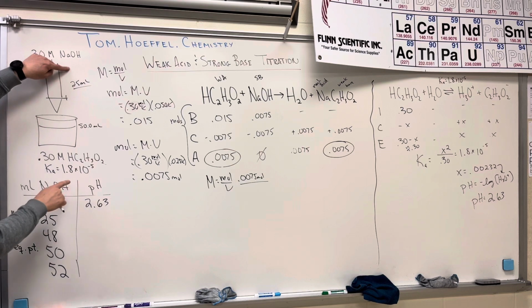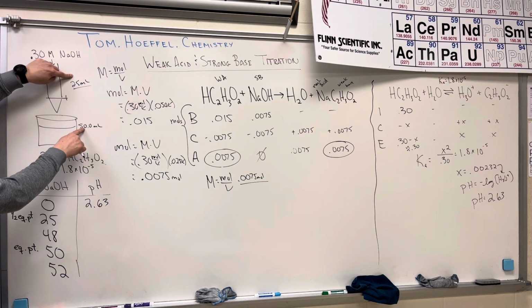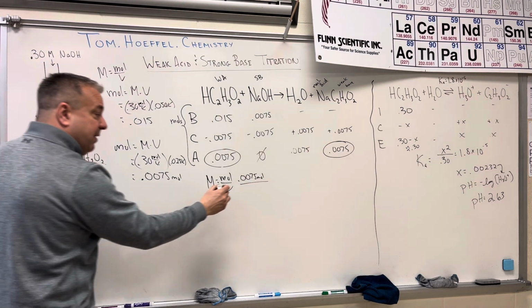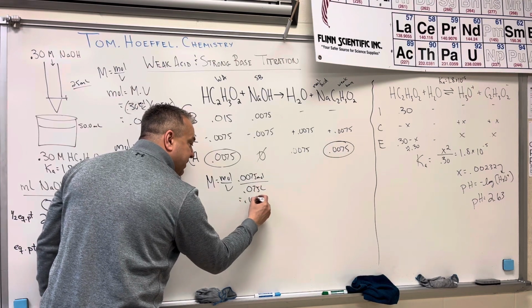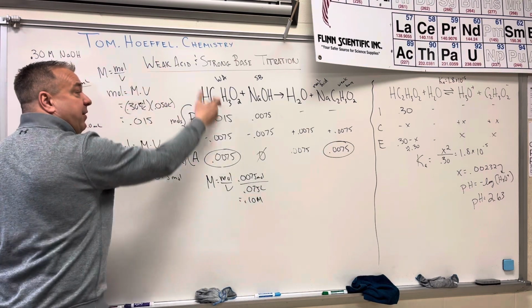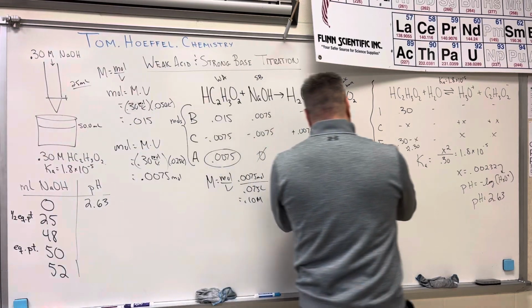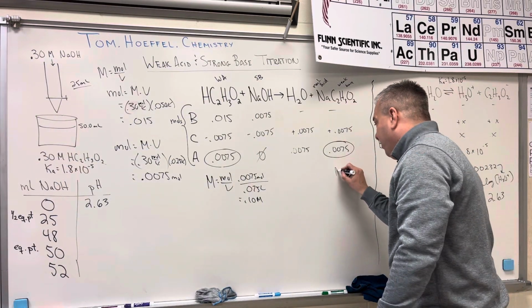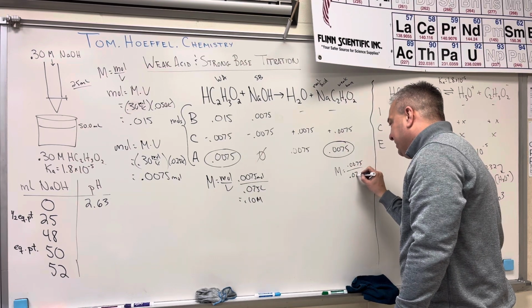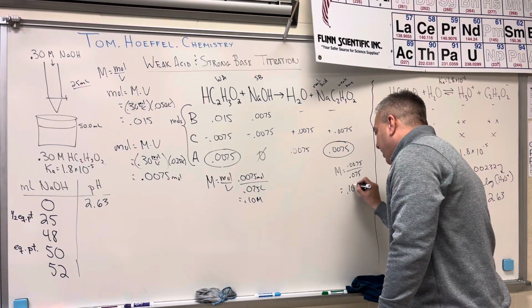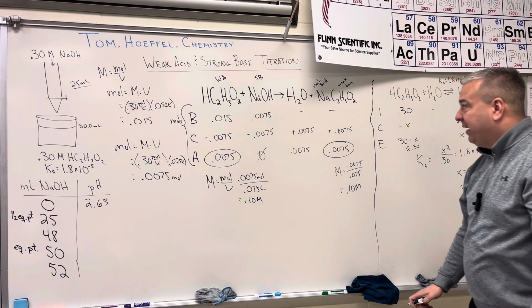Remember, we mixed 25 with 50, so that's 75 milliliters or 0.075 liters, and that comes out to 0.1 molar of the acetic acid. This number is the same thing, so we take 0.0075 and divide it by 0.075. This is also 0.1 molar.